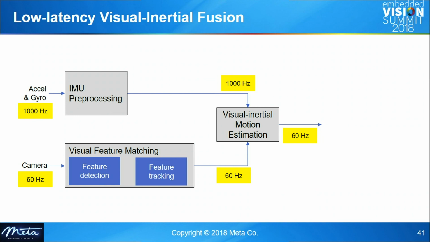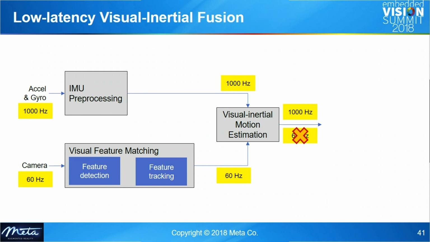That won't help us though. So we need to work on the visual inertial motion estimation so that we update the pose for every IMU sample that we receive, and this has two benefits. One, the IMU processing typically is much faster than visual processing, so the latency or the lag is smaller, and we get a much higher update frequency.